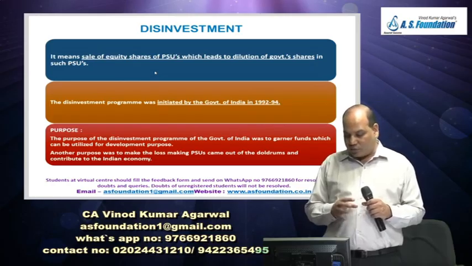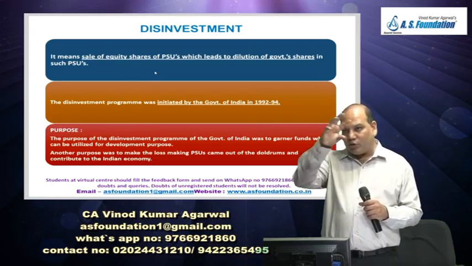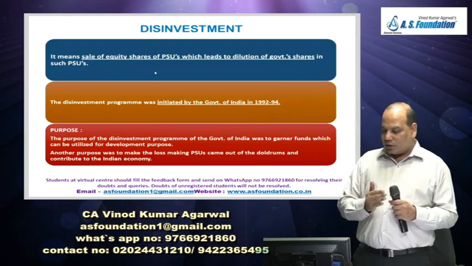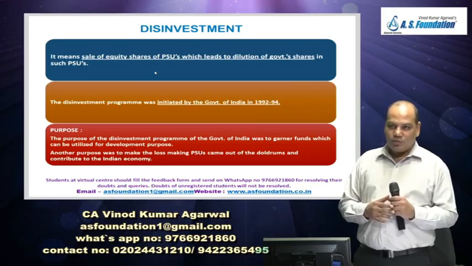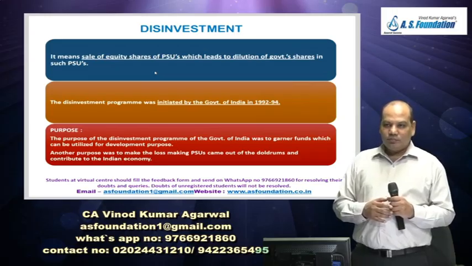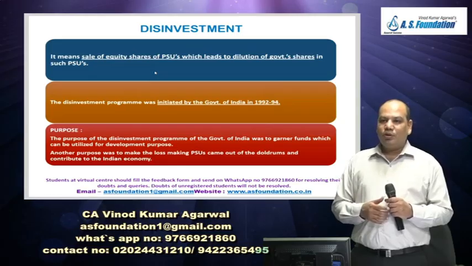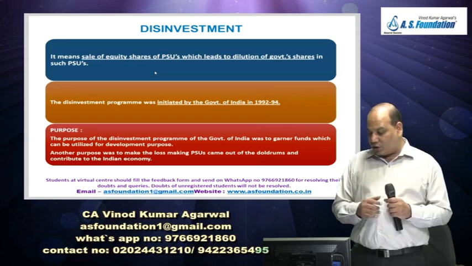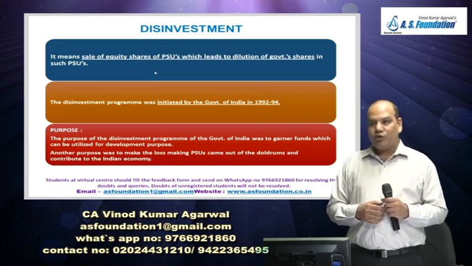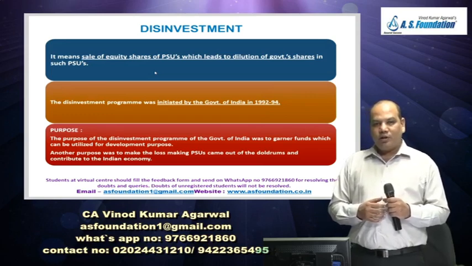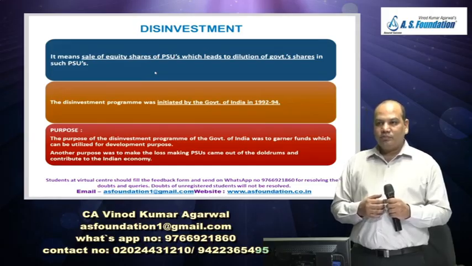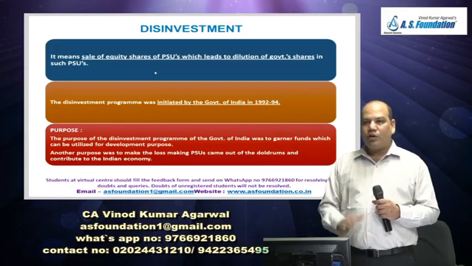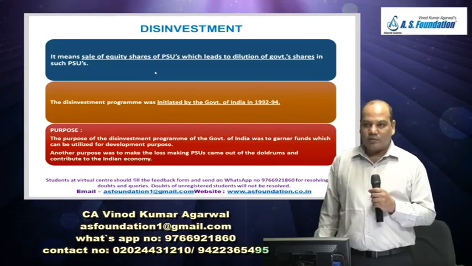So slowly the idea is coming into the government's mind that government stake in these PSUs should be reduced. Let them also run in a competitive manner. In 1992, when the Congress government came, one of the aspects of the liberalization policy was to reduce the government's role in running businesses.